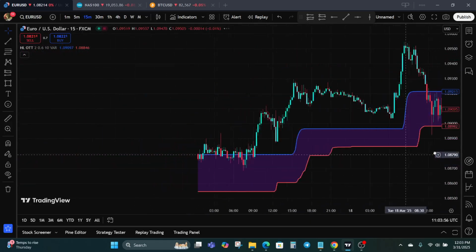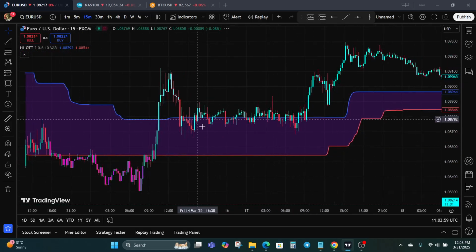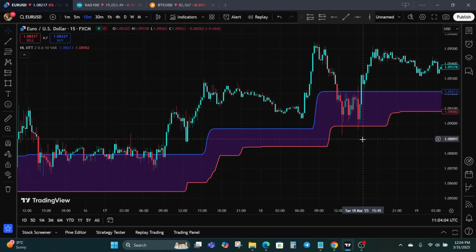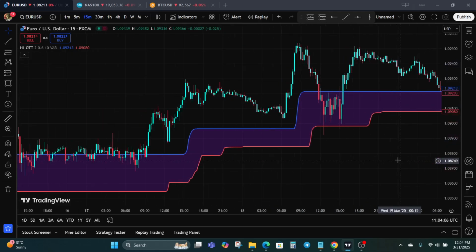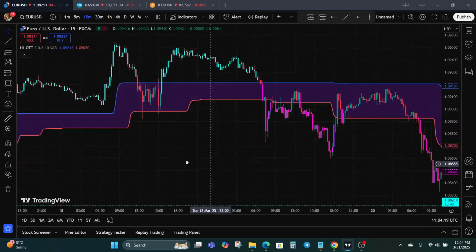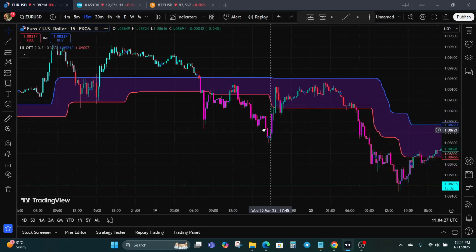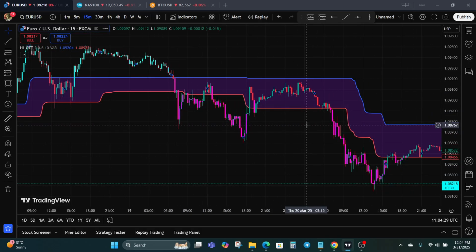Okay, you can see during situations whereby price crossed above the blue line, it was an indication of an uptrend, and you will notice that the coloring of the candlesticks above the blue line is blue. Okay, on the other hand, when the price drops below the red line, it indicates a possible downtrend. So this makes it an effective tool for trend traders looking for clear buy and sell signals.